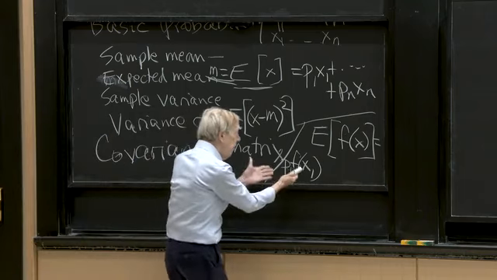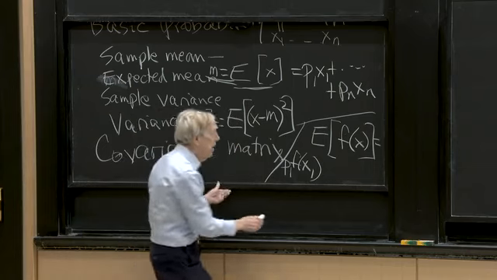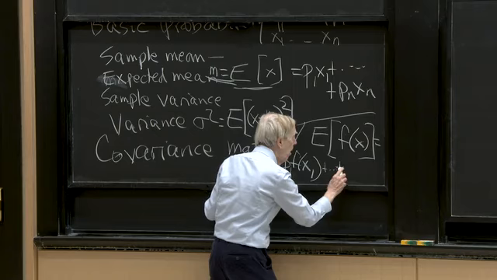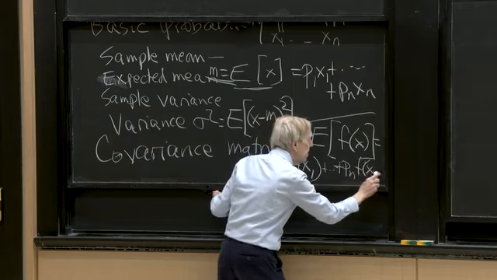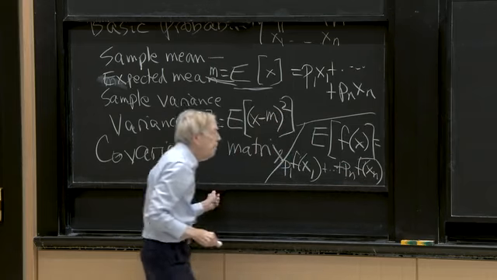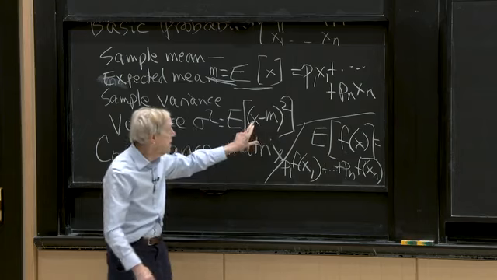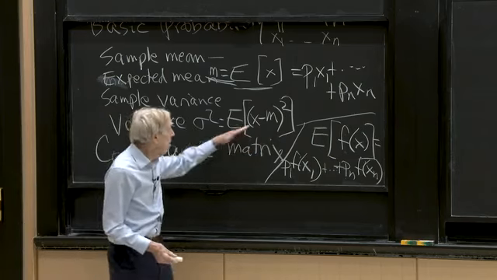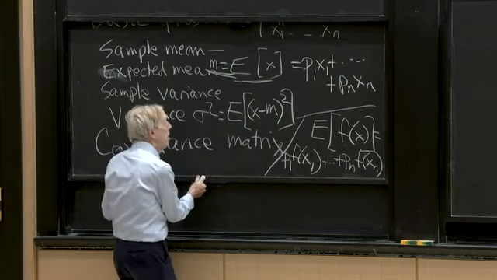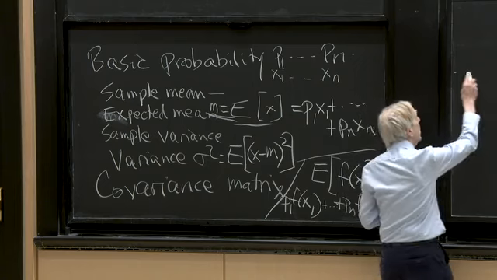So this is the contribution from the x1 possibility, and now we include them all. So it'll be output f of xn with probability pn. And if that f of x is x minus m squared, then we get what we expect, and let me remember that. So I just want to keep going with variance.